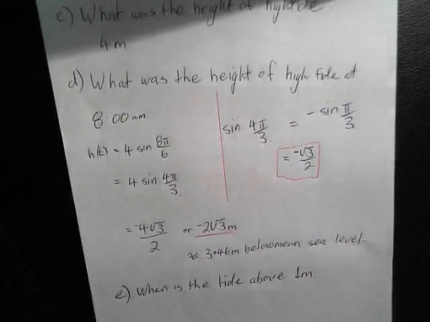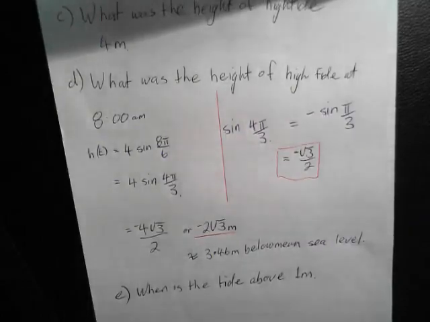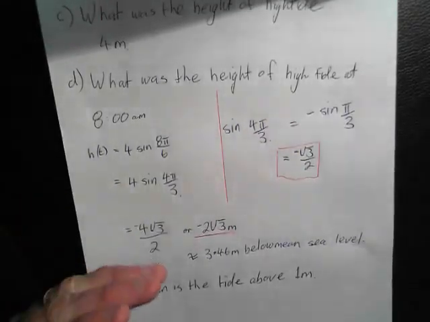Now, I don't know about you, but if you said to me, I need to know when the tide is at negative 2 root 3 metres, it's low tide at negative 2 root 3 metres. So, well, how many metres is that? We don't naturally understand what a value of negative 2 root 3 is.